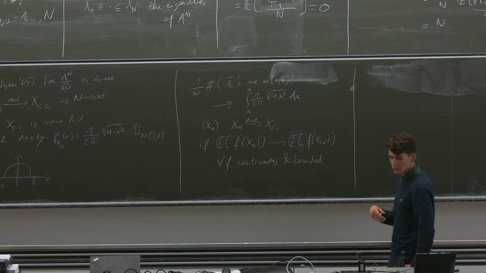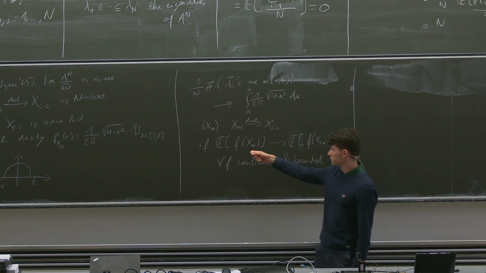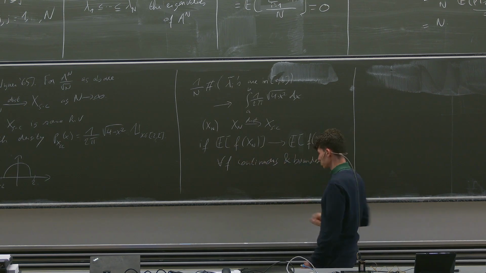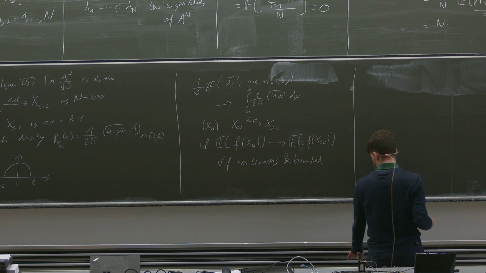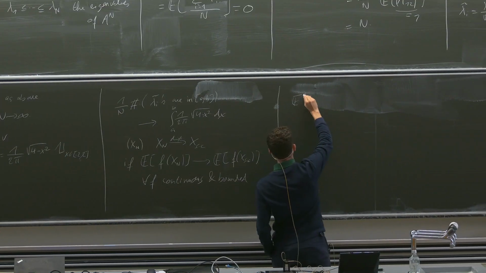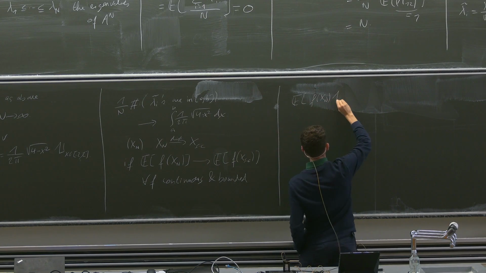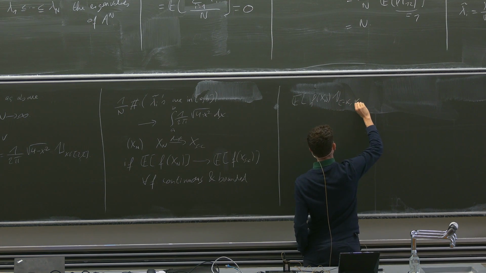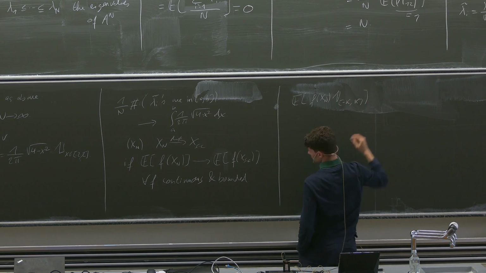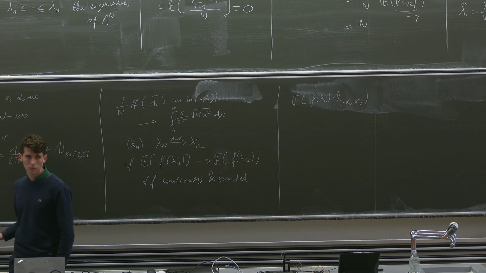And so by this heuristic, one might be tempted to say that this expectation is very close to another one, which is the expectation of f(X_n) restricted to some compact interval [−K, K]. I take K large enough so that most of the eigenvalues lie in this compact interval.